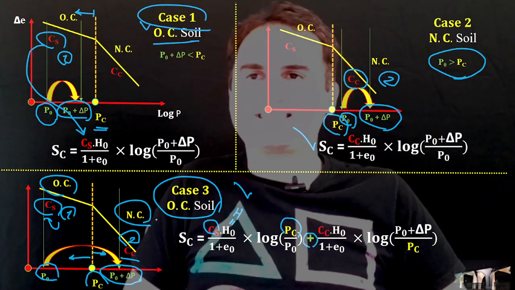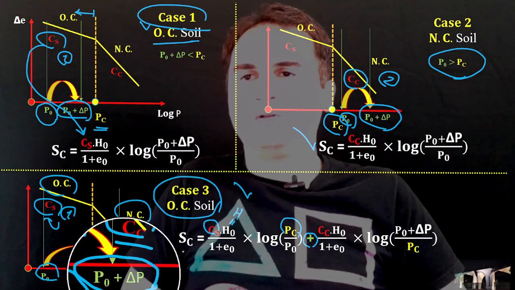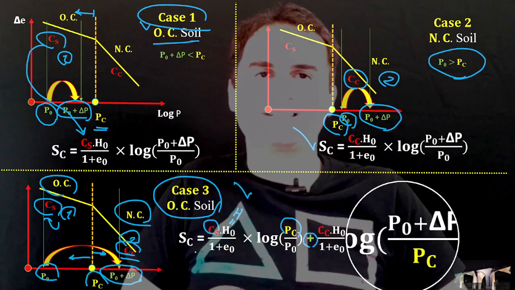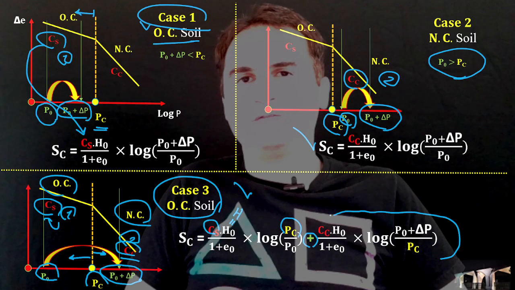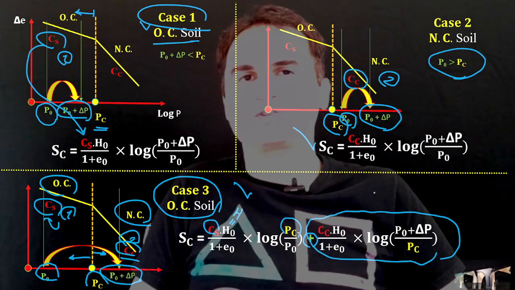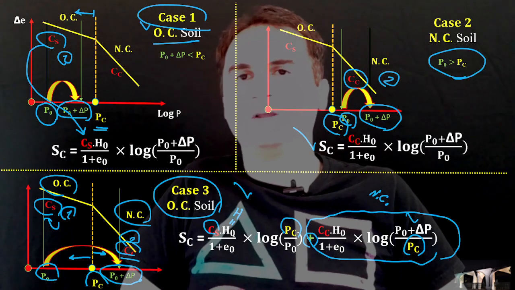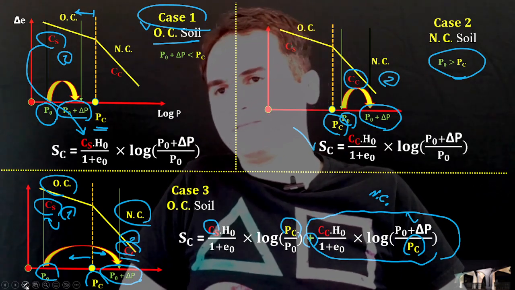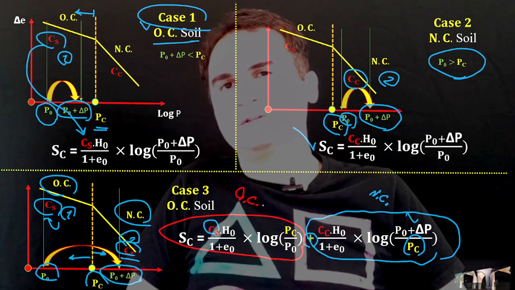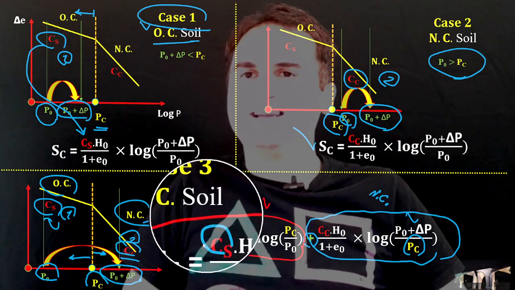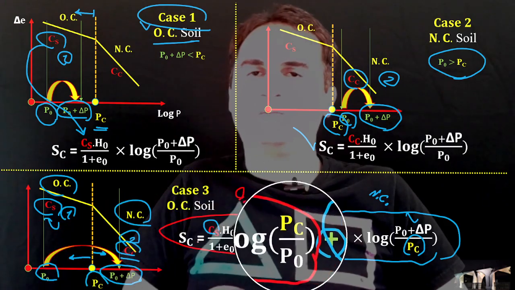And then plus CC, where we are in the second part: log of P naught plus delta P over PC, times CC times H naught over 1 plus e naught. That part comes from the normal consolidation soil, with the limiting part of P naught plus delta P over PC. The other part is the over consolidation part, which starts with CS, with the limit of PC over P naught, log of PC over P naught.